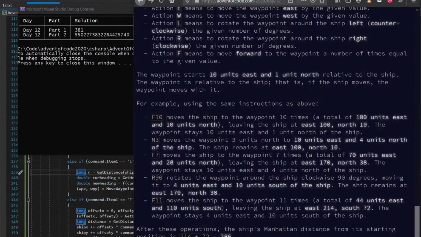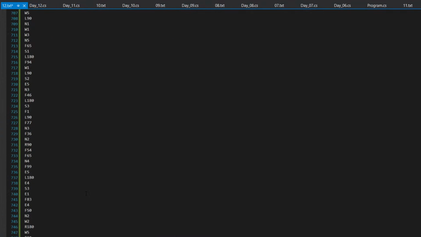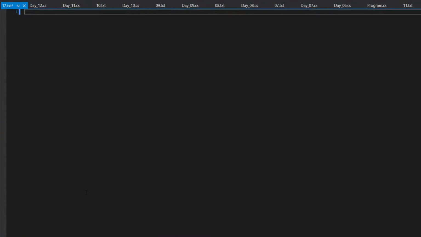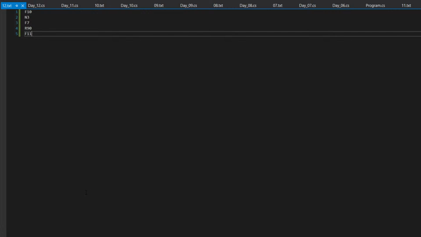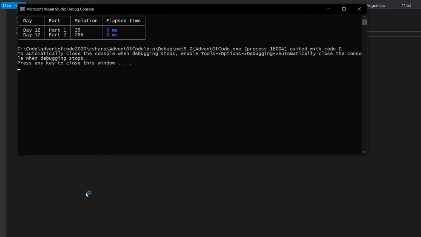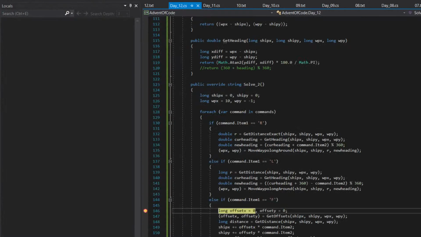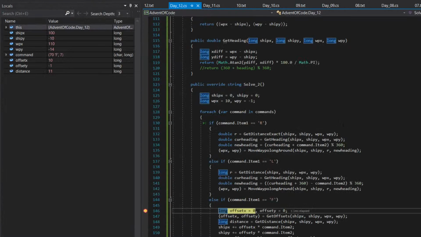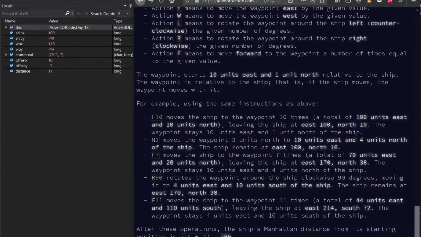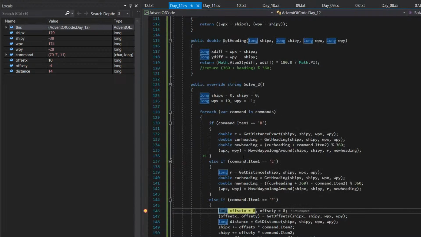You know, let's put it in just in case. Oh, that's no way. I don't remember it filling up the whole box like that. F7. F11.